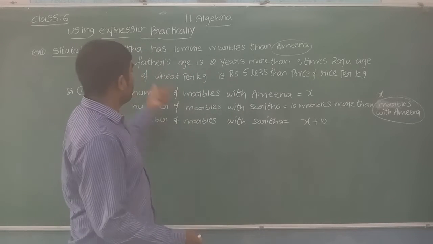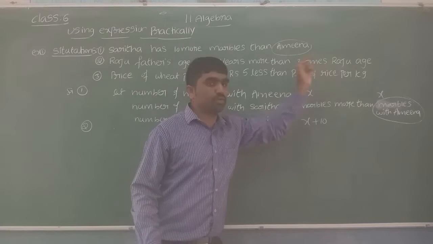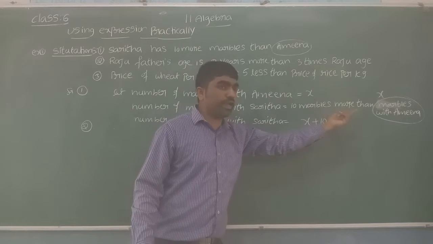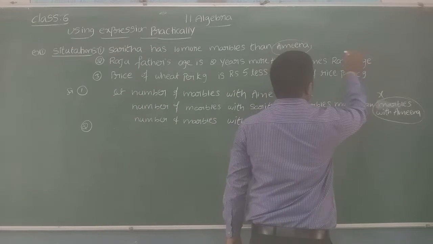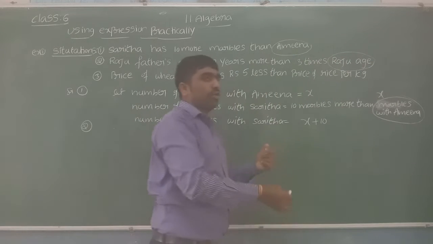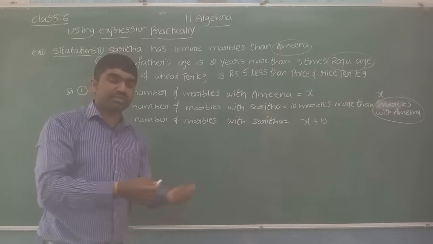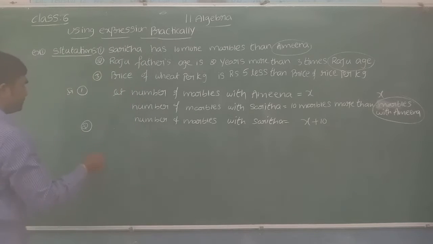It means the father's age depends on Raju's age. Here the unknown value is Raju's age, and this unknown value we'll try to express with the help of alphabets.